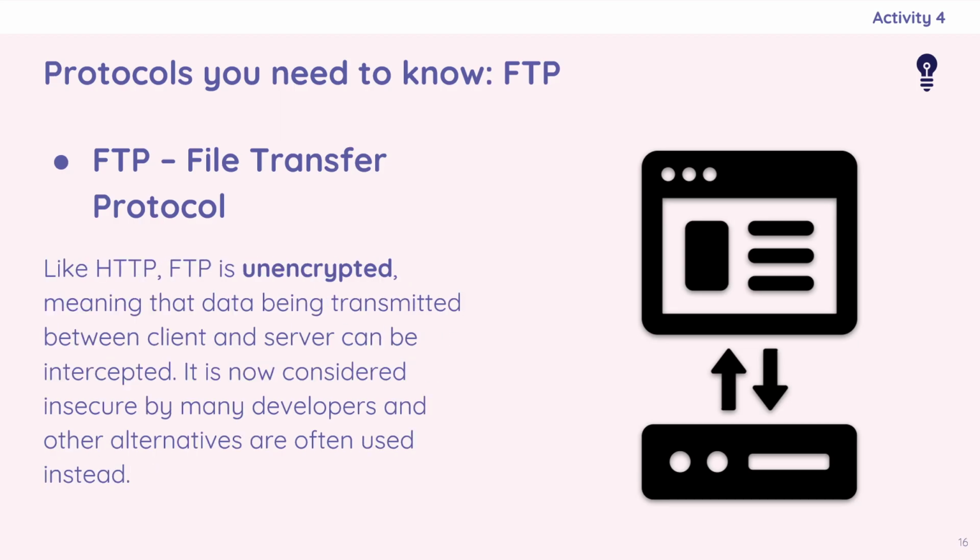Unlike HTTPS though, but much like HTTP, FTP is unencrypted, which means that the data that's transmitted between our client and server can be intercepted, and it could be really insecure. And you can imagine the kind of problems that would incur. So if you've got an important file of Excel sheets and that's got all your data on, well, you might need to protect that.